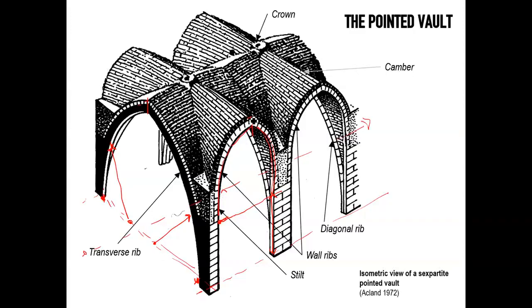We can just dictate the apex of the arch, and then set up a curvature. There'll be some limitation in doing that, but there's certainly more freedom to reconcile the geometry so that they can all meet here at the crown.